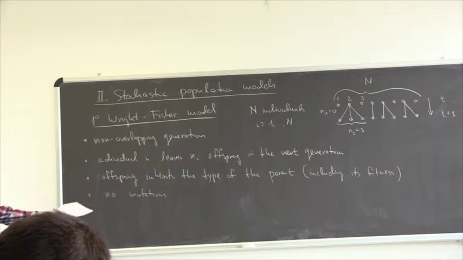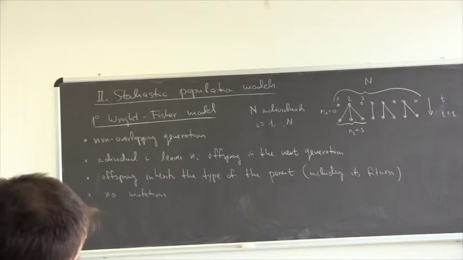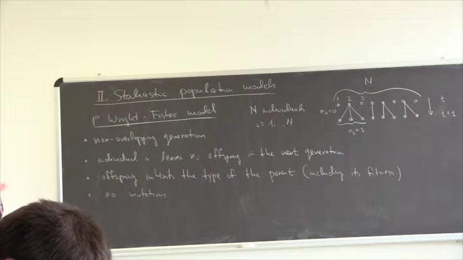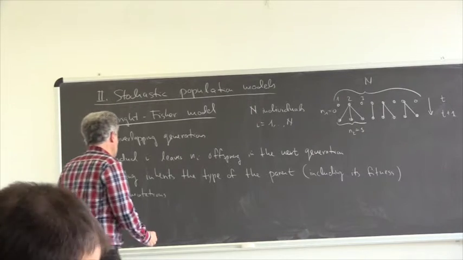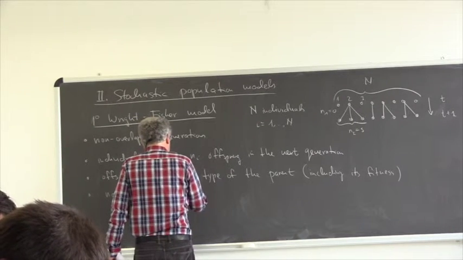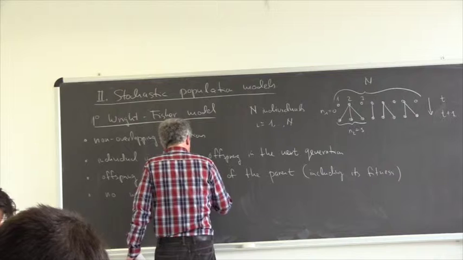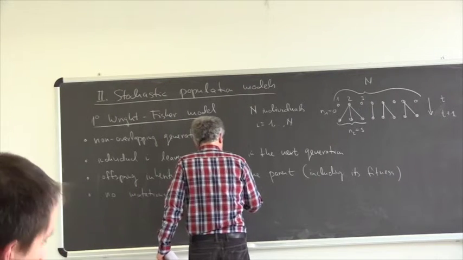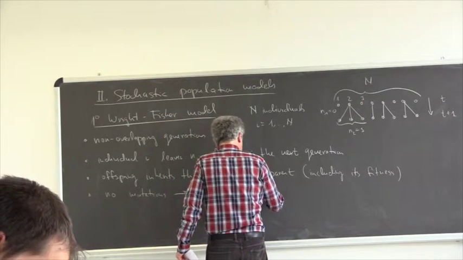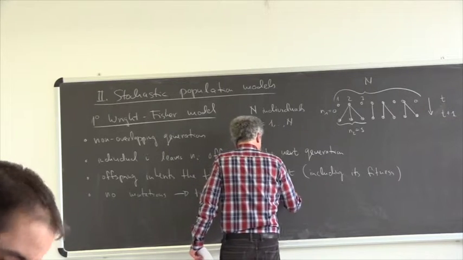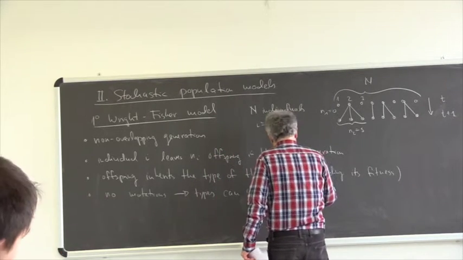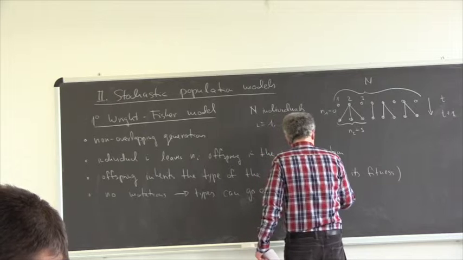What this, of course, means, and this will become important in a moment, is that types can die out, but they cannot be recreated. So the diversity will decrease, so types can go extinct but cannot be created.